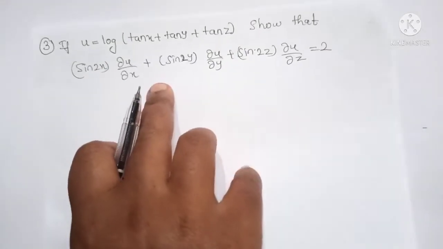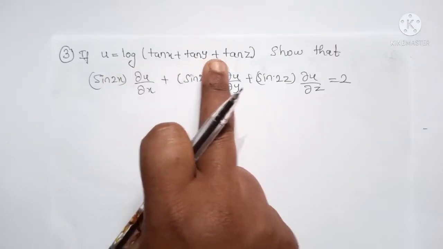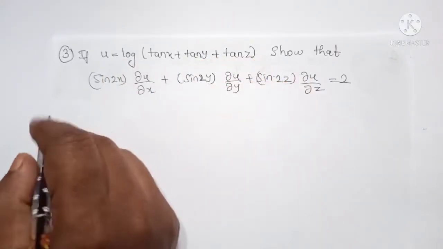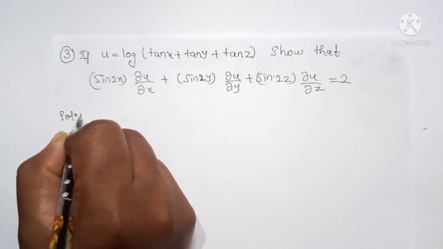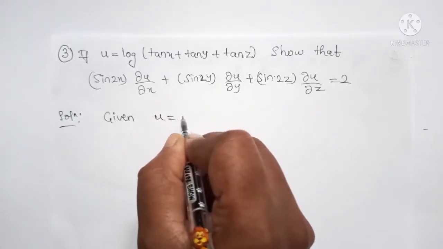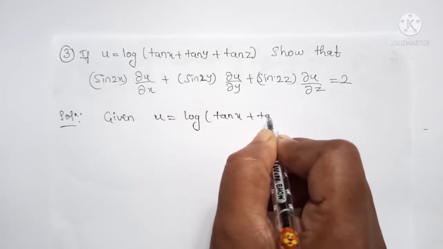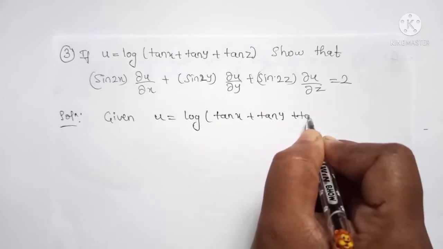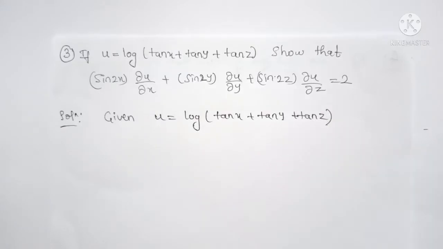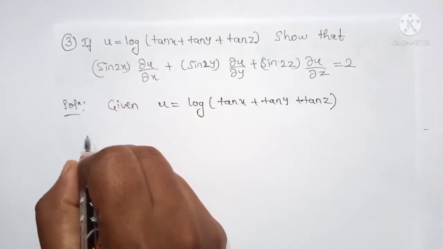Next problem, the given function is u = log of (tan x + tan y + tan z). We have to prove this one, so we write the given u is equal to log of (tan x + tan y + tan z). So now we write only the first order partial derivatives.